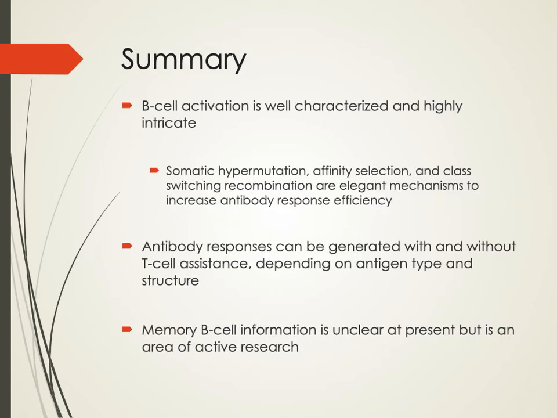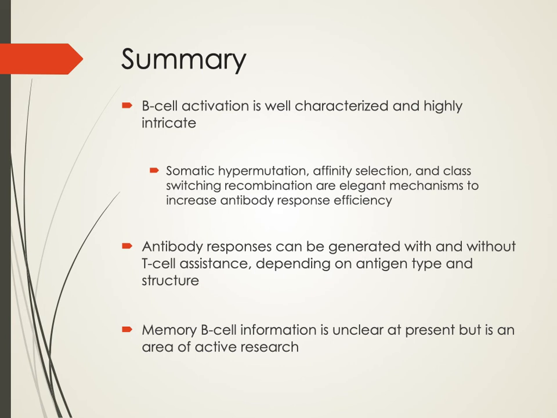So B cell activation is definitely highly characterized and very complex. Processes like somatic hypermutation, affinity selection, and class switching really lead to an antibody response that's highly effective at recognizing and assisting in clearing out foreign material, damaged cells, or altered self, right?